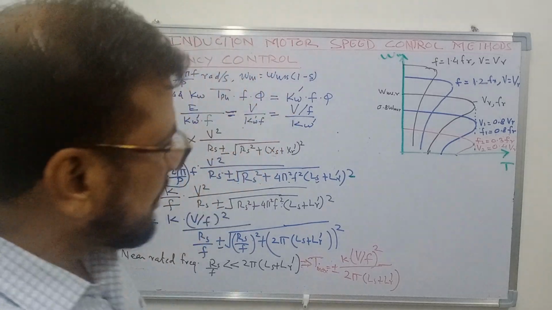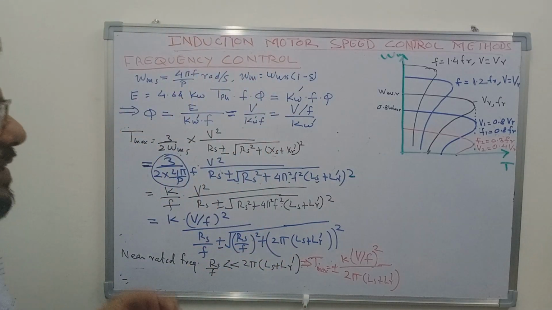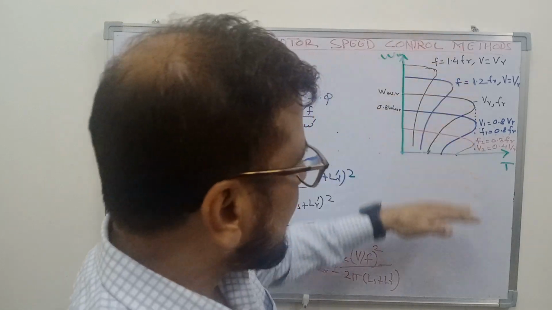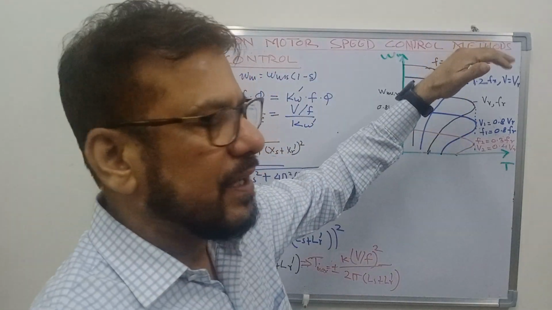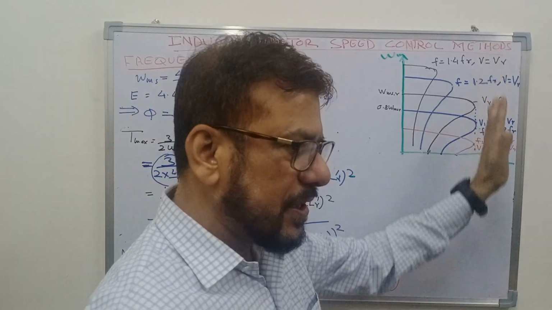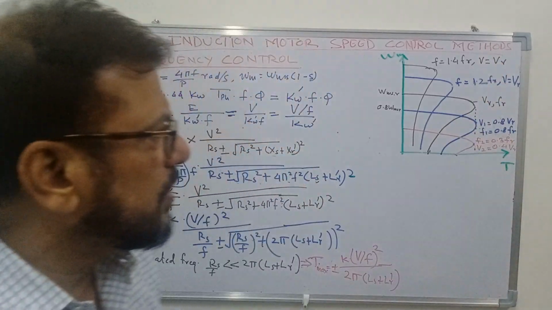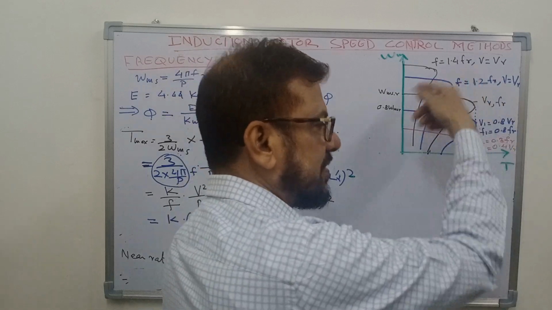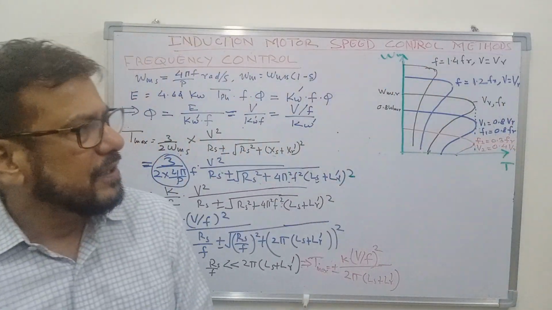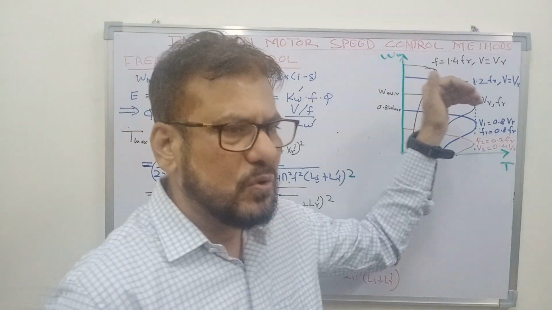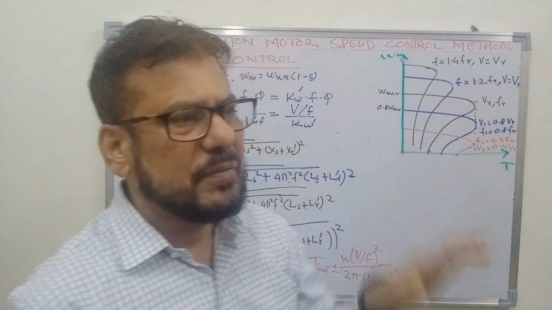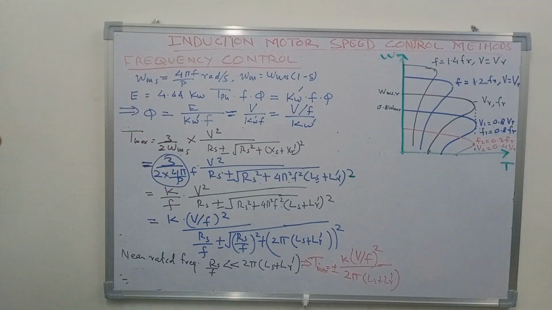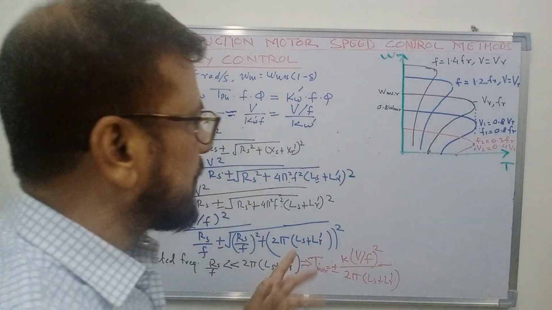So this is an excellent method, and you can control the speed over the whole range, maintaining the torque capability below the rated speed. Usually we control the speed below the rated speed only. So in this range, it is an excellent method. But if you want, you can go for a speed more than rated speed, provided the torque requirement is low. So in that way, you can control the speed in the whole range.